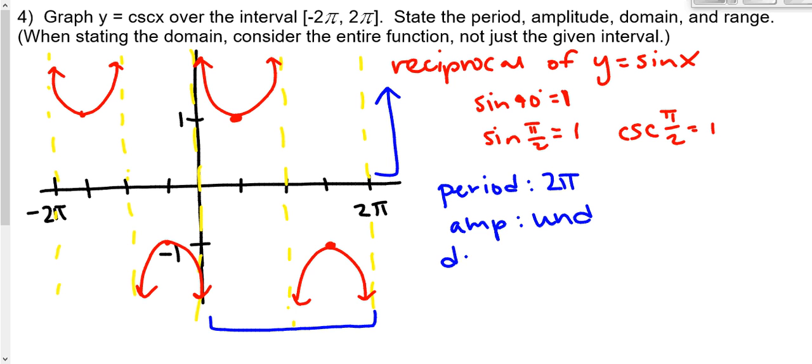For the domain, just like we did on the tangent graph, we have to skip over all the places where the function is undefined, so we have to skip over all the x values where we have a vertical asymptote. So that would be at 0, at pi, at 2 pi, etc. So we can call that n times pi, where n is an integer. That would represent 1 pi, 2 pi, 3 pi, 4 pi, 0 pi, -1 pi, -2 pi, etc.